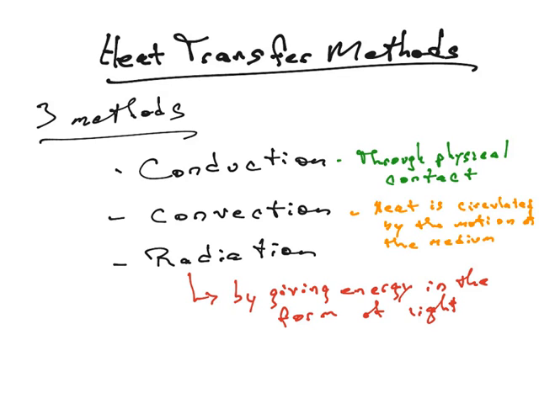Convection, the circulation of the material with the heat built into it. Or radiation, something gets so hot that it gives off light, and thus that energy is escaping from the hot object into whatever surrounding objects, the air, the environment, or your eyes, or your skin, or whatever.